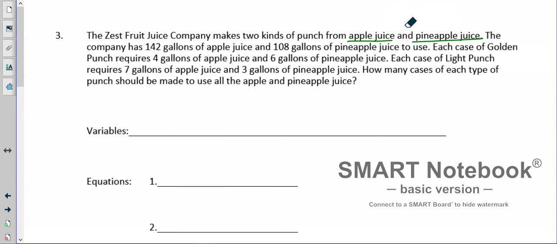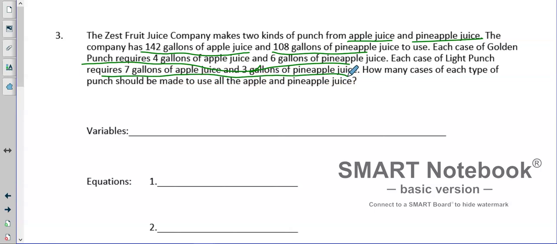The company has 142 gallons of apple juice, 108 gallons of pineapple juice. Each case of golden punch requires 4 gallons. Now, this is for the golden punch. Whoops. And 6 gallons of pineapple juice. The light punch, okay, the light punch requires 7 and 3.